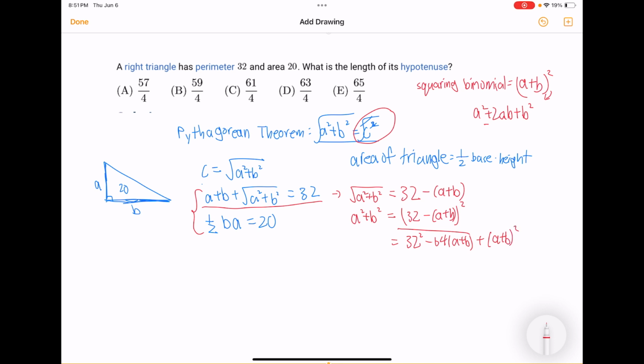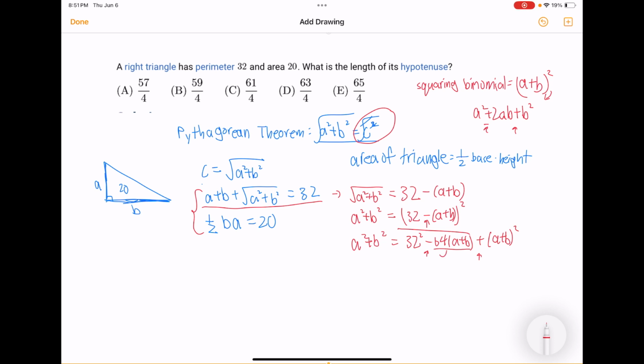And so basically, if you have a minus sign instead of a plus sign, then all you do is have a minus sign and then a plus sign instead of having 2 plus signs. Now here, we are going to move over the 64 times the quantity of a plus b.